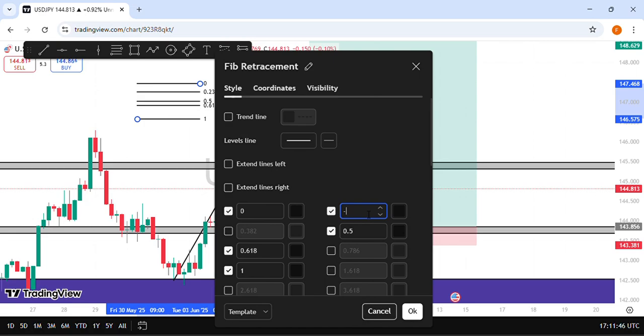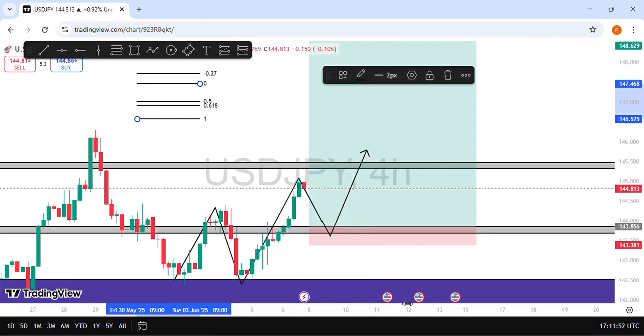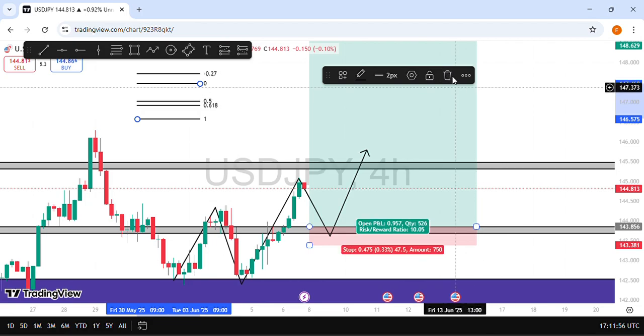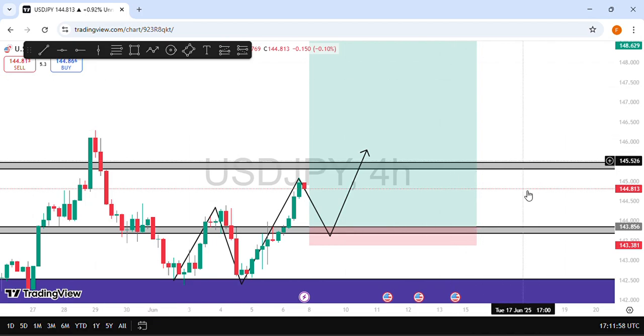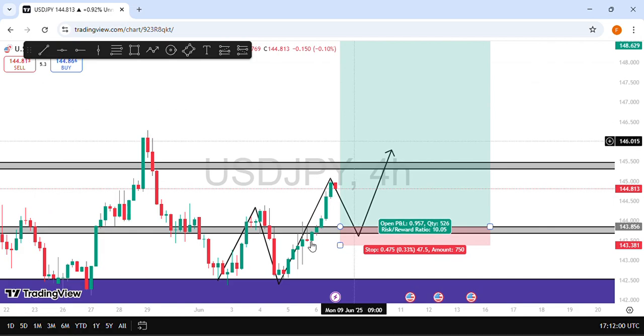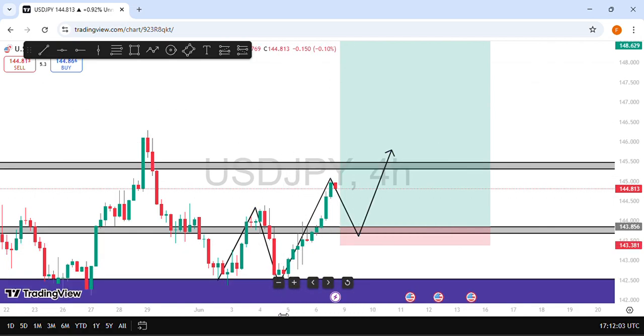Minus 0.27. So that's that. Yeah, much better. This is why I put minus 0.27, because I need to know where market is going to meet to make any rejection.